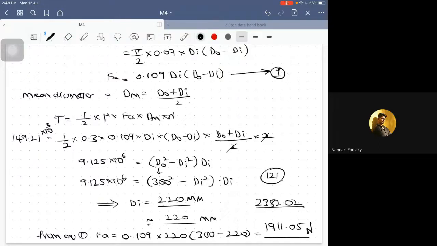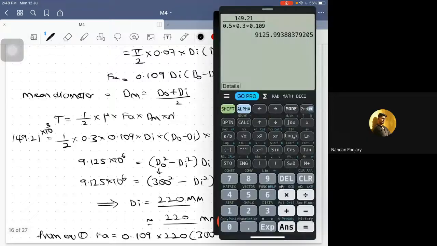121. So how many of you are getting 121 as your answer? Okay, Sudhanshu, Shridaksha. So how did you solve it? By equation method, shift mode setup 5 equation.